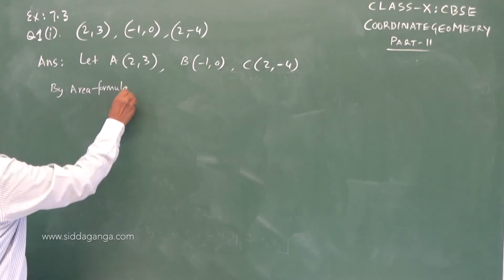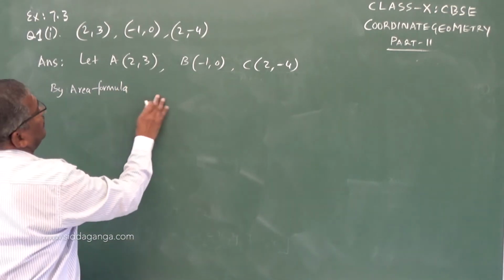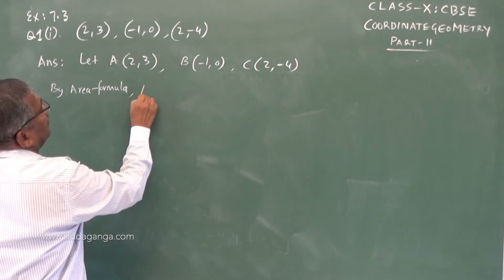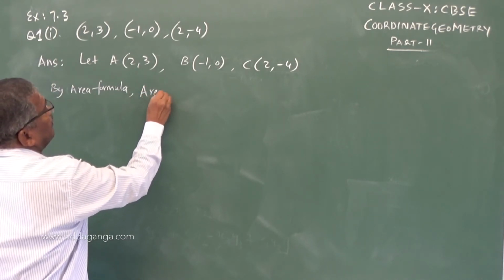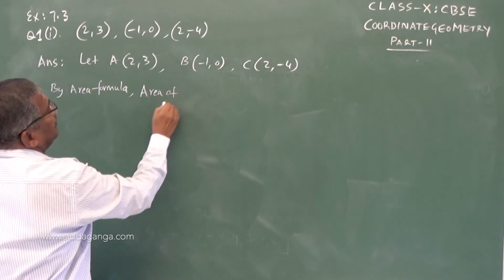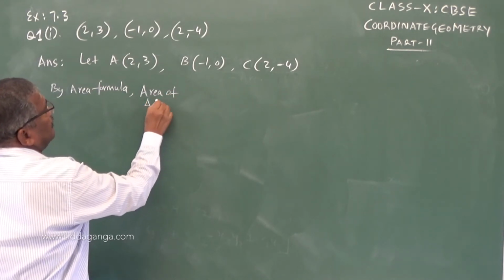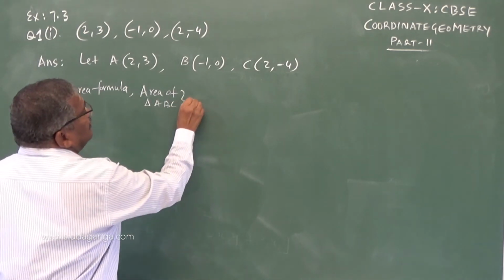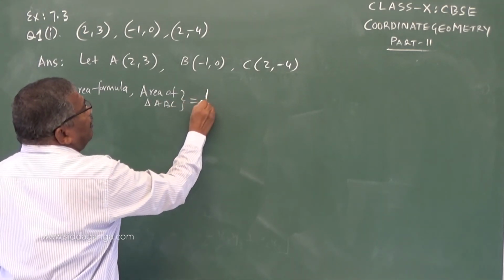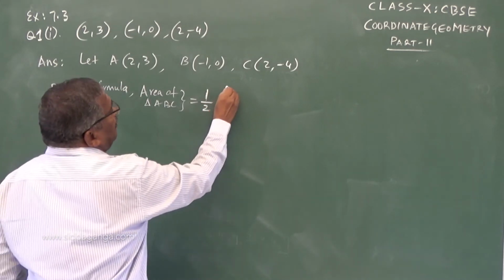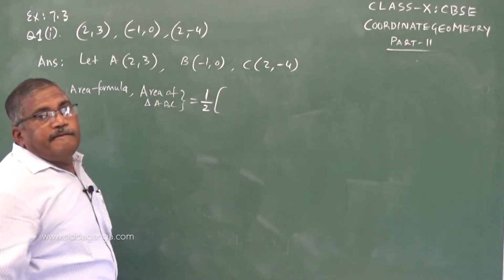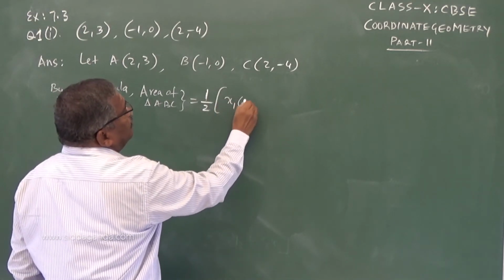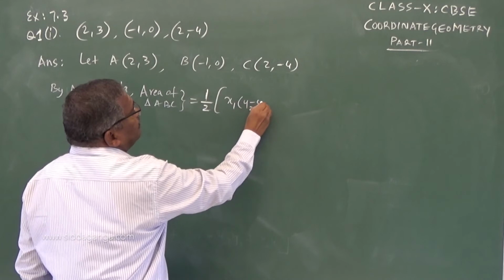That means by using coordinates, by the area formula, we have area of triangle ABC equals half of x1 into y2 minus y3.